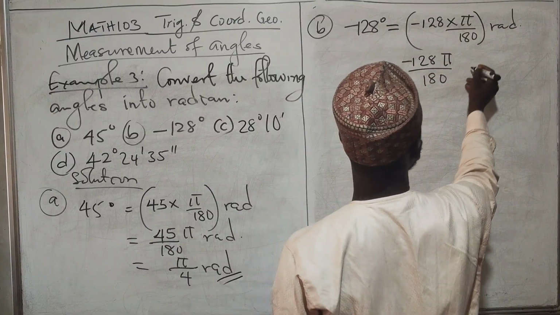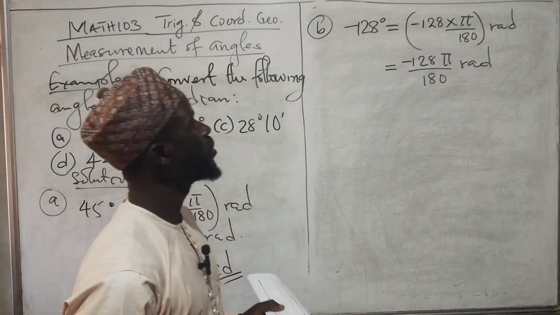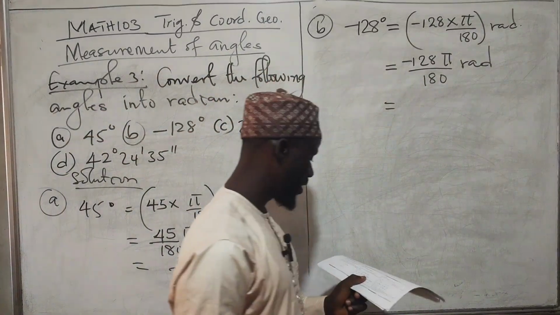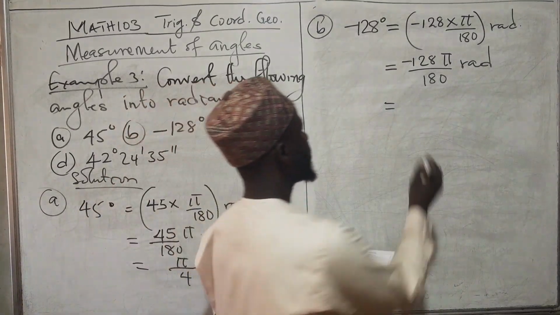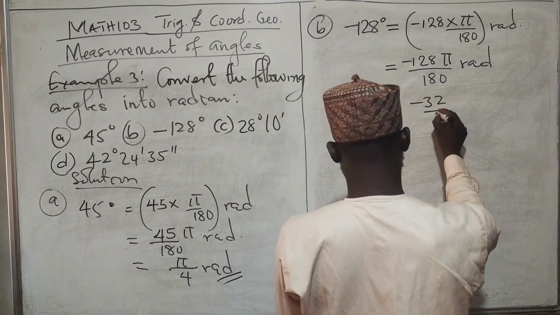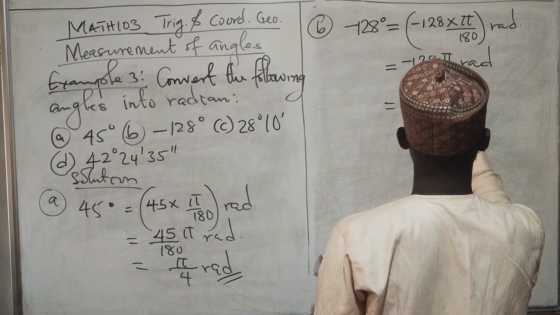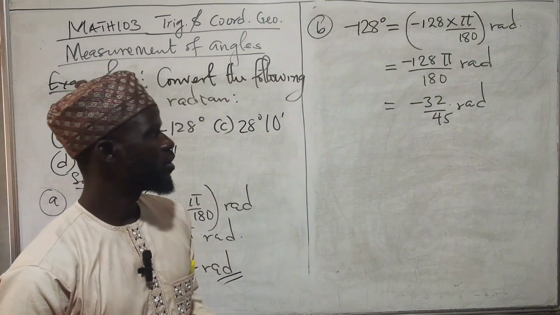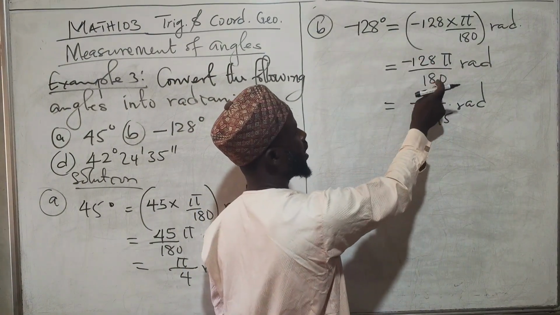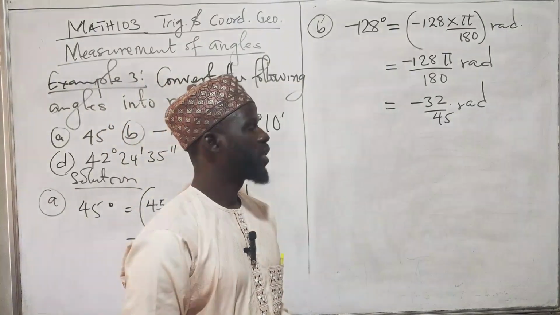You can use your calculator and divide, but if you cannot divide, this is minus 32 over 45 in radian measure. So we use 4 here to get 32, and 4 here to get 45. So that is the answer.